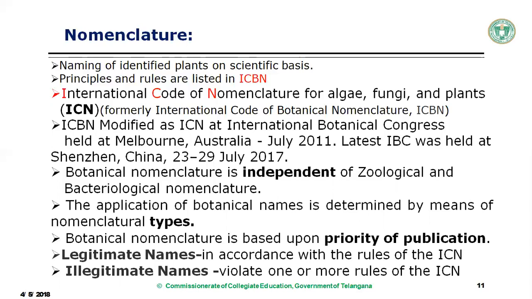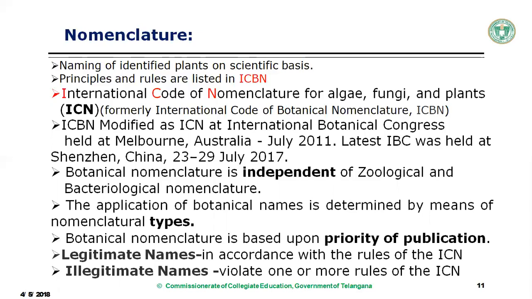For example, Aster is the genus, and based on this nomenclature type, the family is named Asteraceae. Solanum is a genus name, and based on the nomenclature type name, the family name is derived as Solanaceae. So the application of botanical names is determined by means of nomenclature types.